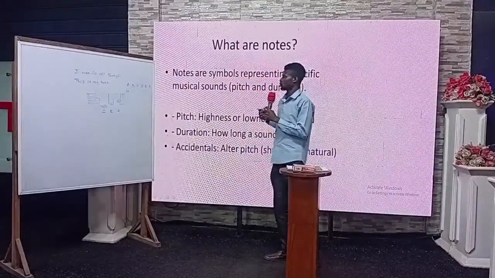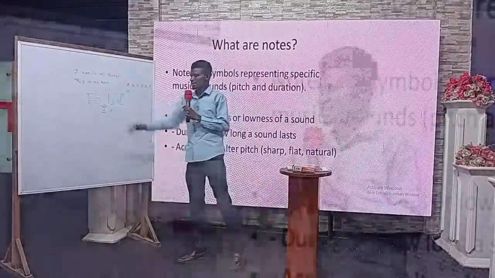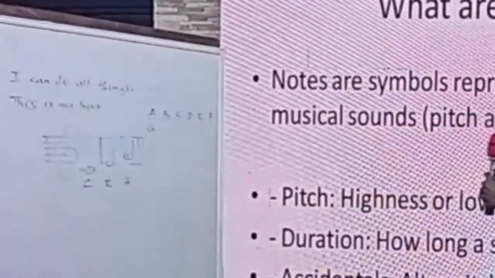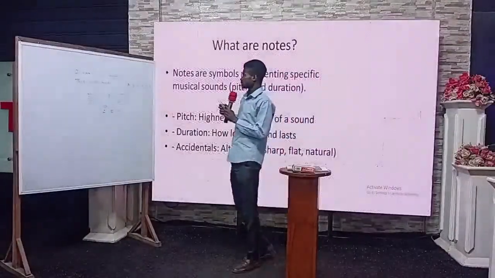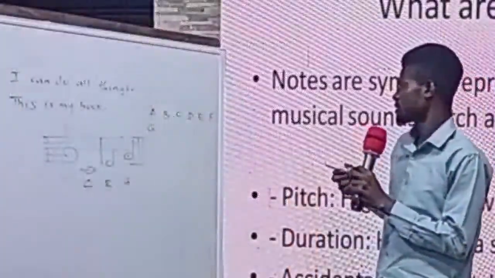Now we can also see what we call duration. In music, notes are symbols that we use to represent musical sound. There are 6 symbols we use to represent musical sound.